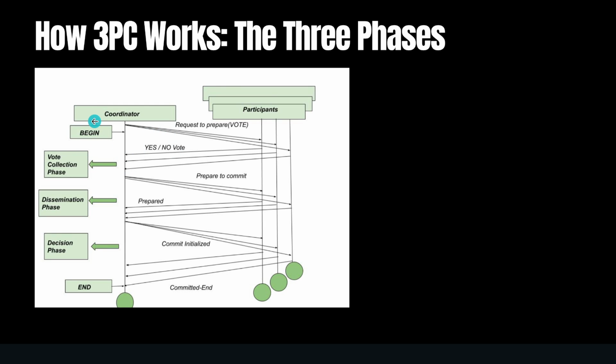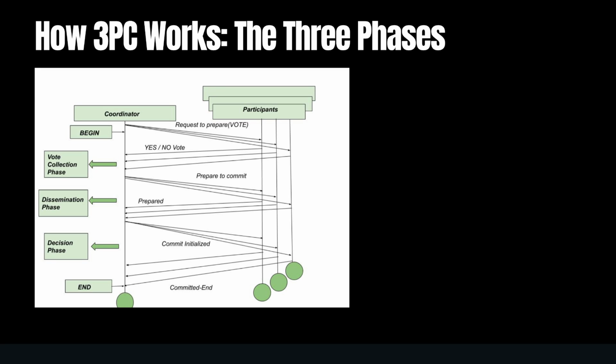And I hope this is quite easy for you to look at. Okay, so we have 3 phases. First, we have the vote request phase. The coordinator, or the sender, will send a can-commit.